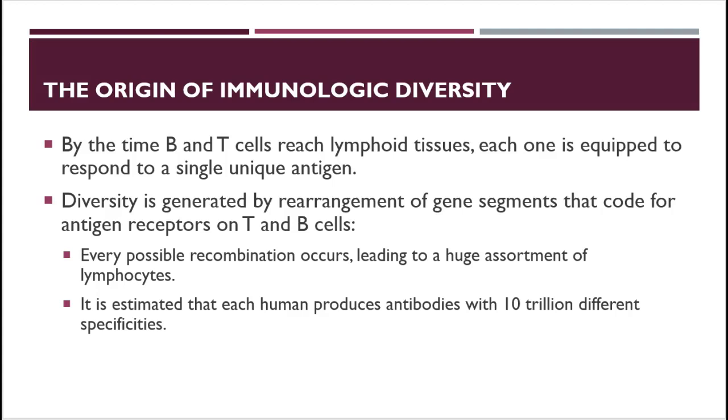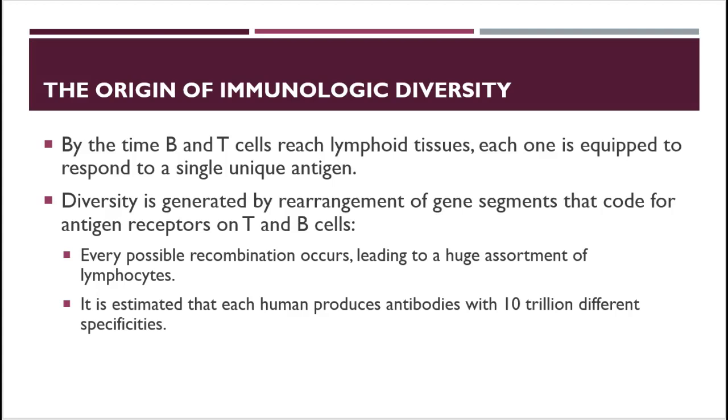Okay, so by the time our B cells and T cells reach their specific lymphoid tissues, each one of them is already equipped to respond to a single specific antigen. And that occurs because the genes that code for the antigen receptor site is very variable.